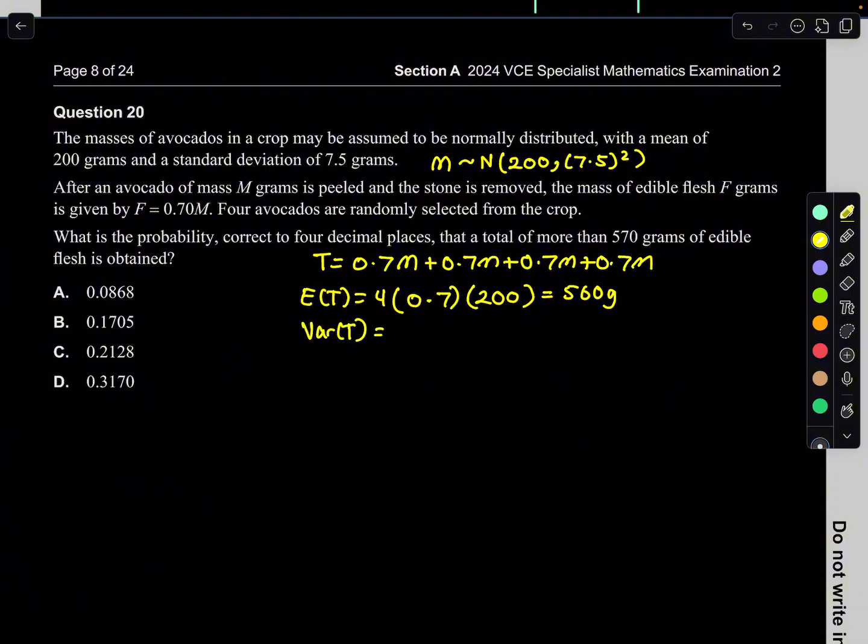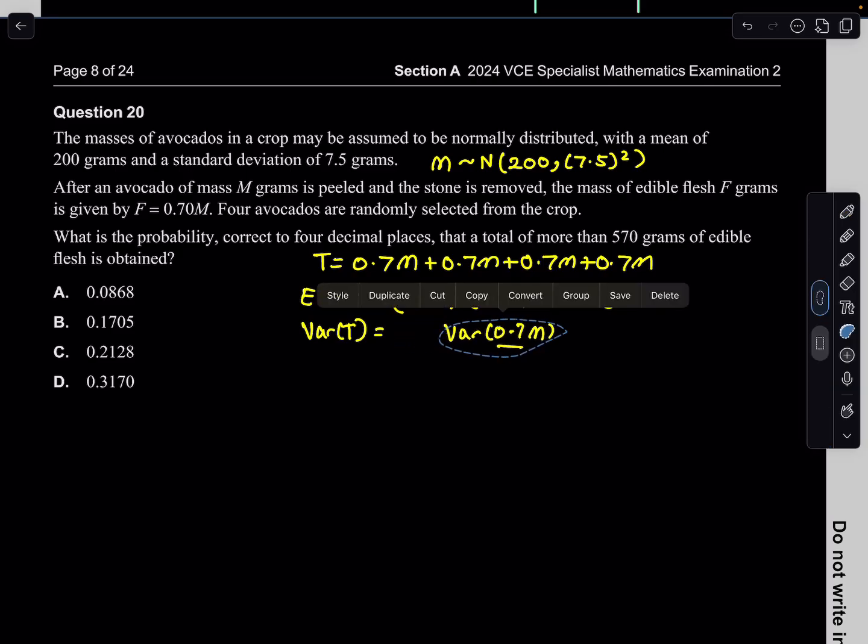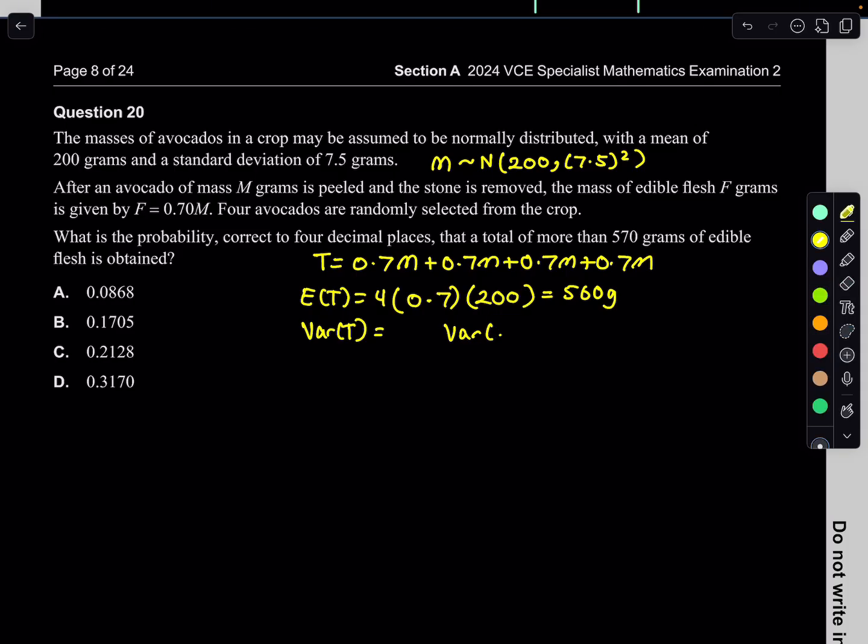Now let's look at the variance of T. The variance of T is like finding the variance of one of them, like 0.7 M. When you have a constant, you have to take the square of it out, so it would be 0.7 squared. Now imagine you do that for 4 of them. Of course, you're going to have a 4 in front of it.